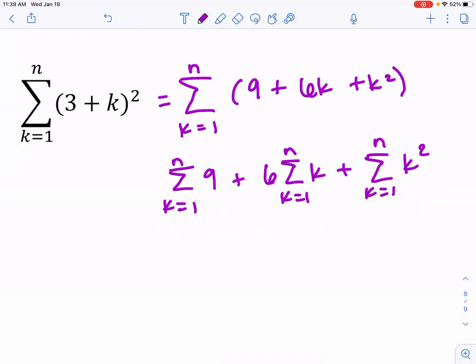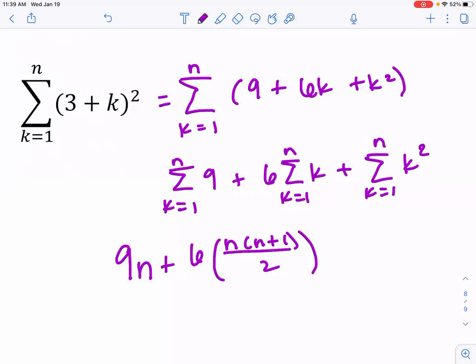What does that mean? 9n plus 6 times the sum from 1 to n of k, which is n times n plus 1 over 2. And then our sum from 1 to n of k squared is n times n plus 1 times 2n plus 1 all over 6.